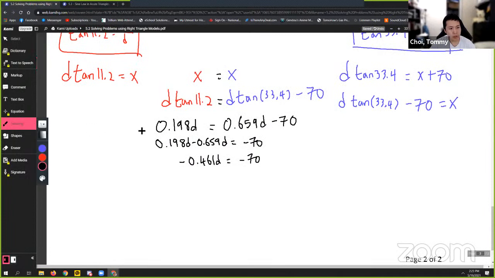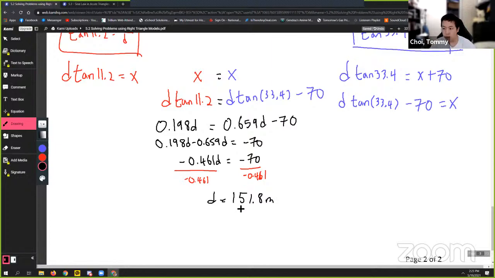Okay, great. So once we get here, we divide both sides by negative 0.461. And you should get d is equal to negative 70 divided by negative 0.461, which gives us 151.8 meters.